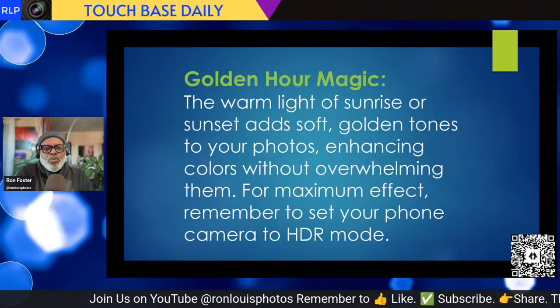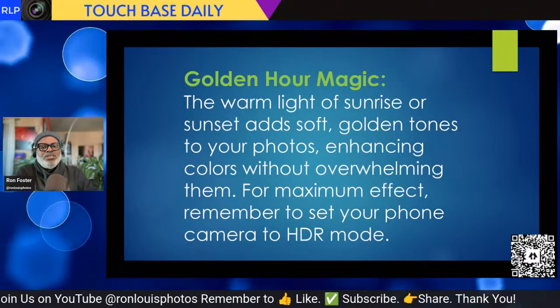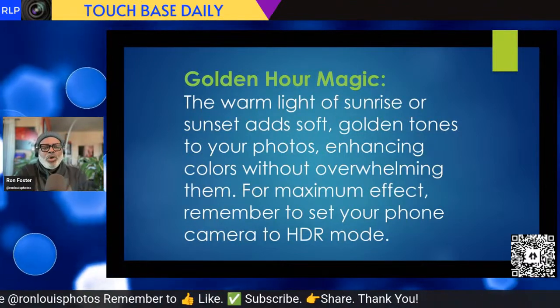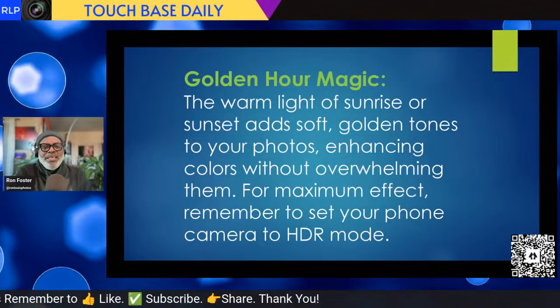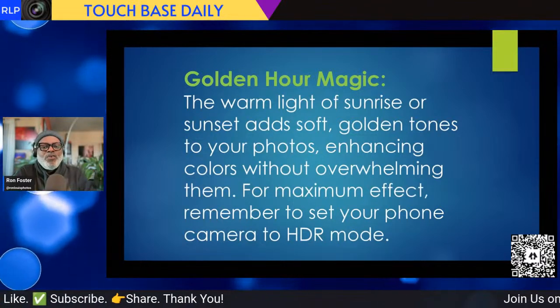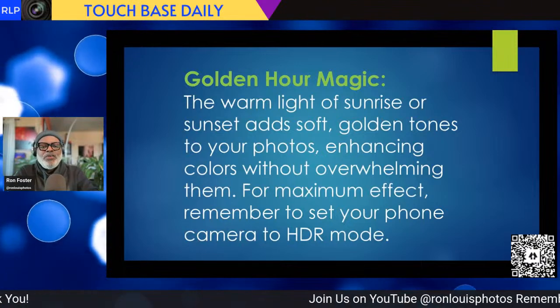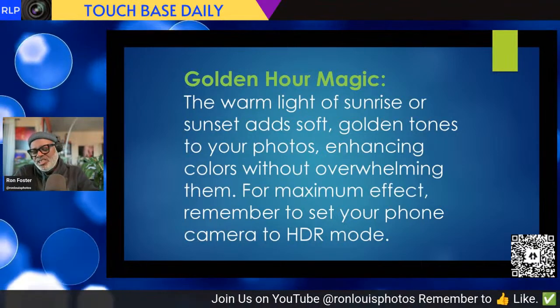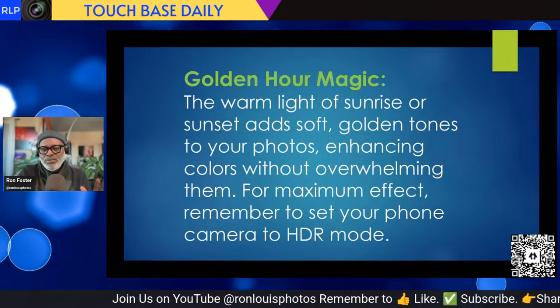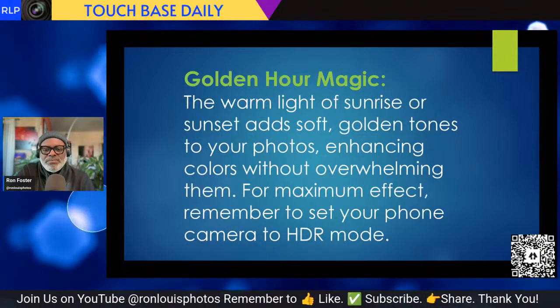Like here it is. The warm light of sunrise or sunset adds soft golden tones to your photos, enhancing colors without overwhelming them for maximum effect. Remember to set your phone camera to HDR mode. For most of our cameras, we can do that.